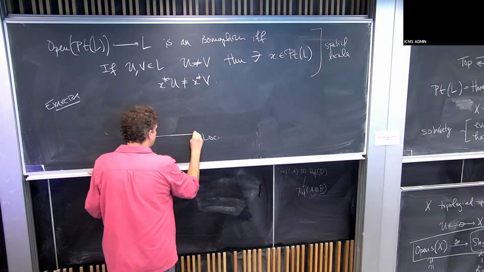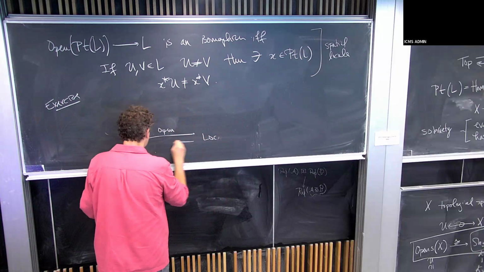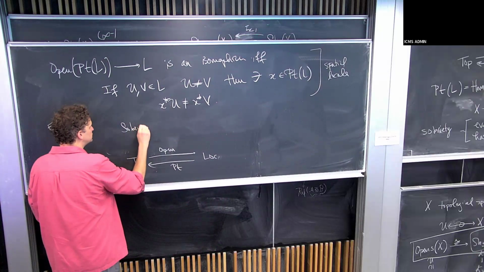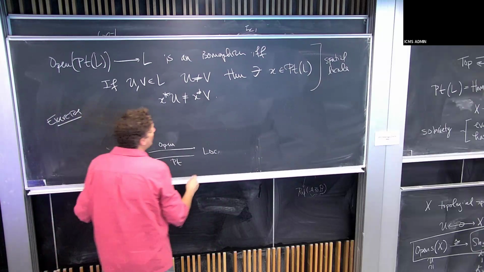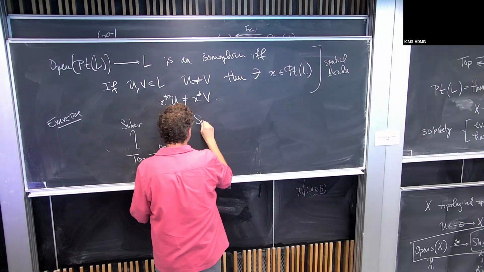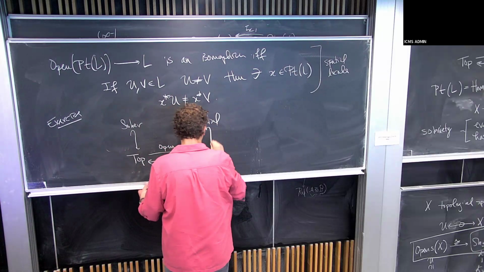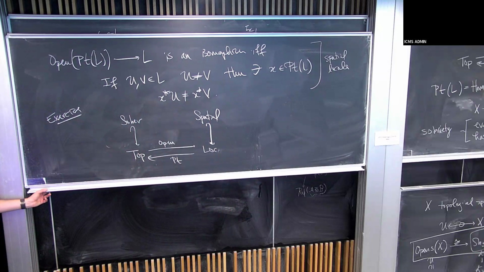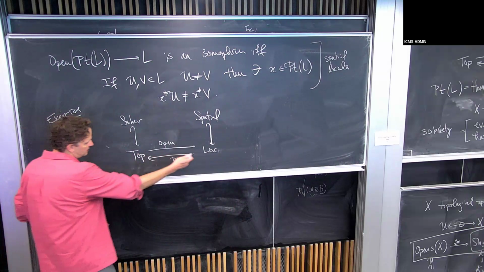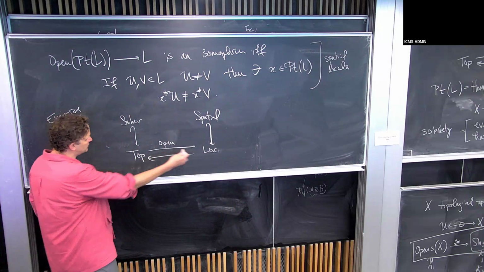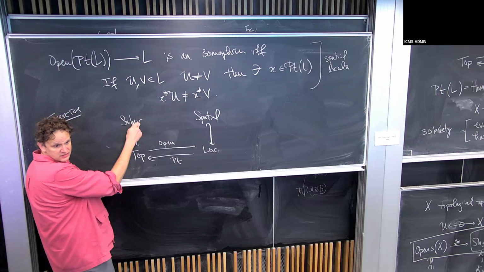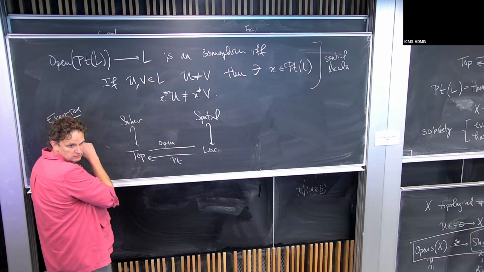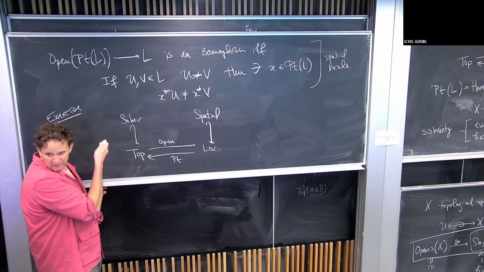Here we have open, and here we have put. And here we have the full subcategory of sober spaces, and here's the full subcategory of spatial locales. What you can notice is that this functor here actually lands in sober spaces. The points of any locale are automatically sober. That didn't have to happen, but it does happen.